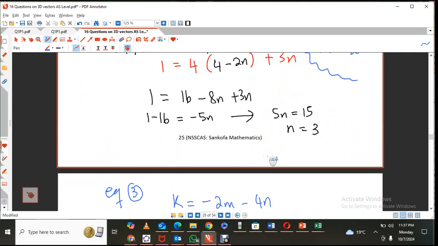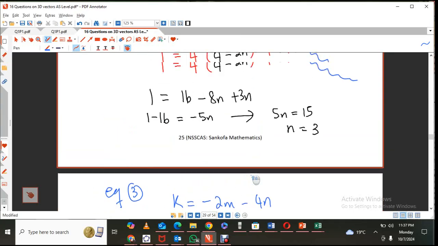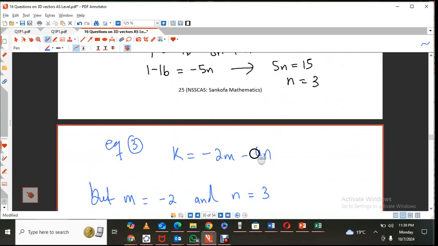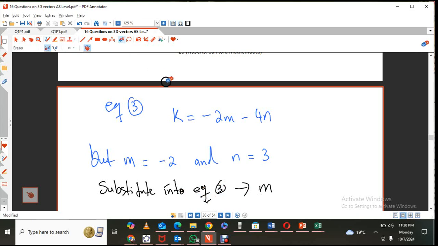And we know that m is equal to negative 2 and n equals 3. Substitute into equation 3. This is going to give me k.